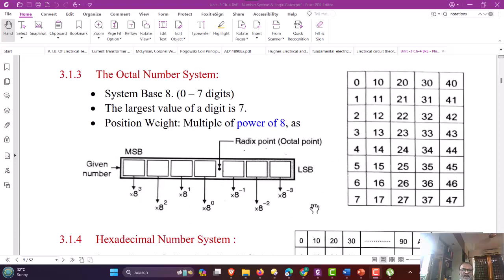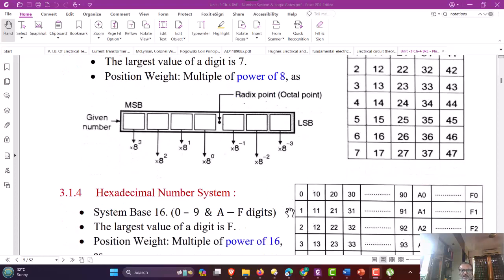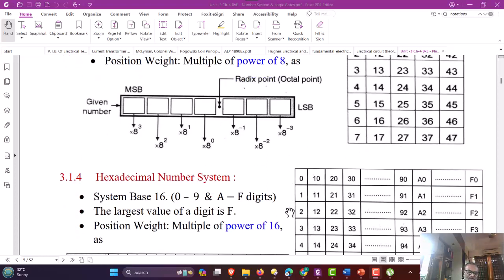You only have to identify the base of the system, and then accordingly find out the weight of the position, that is the power of the base, and the total number size can be obtained by adding each positional weight, integer portion as well as decimal portion, and that represents the number in that system.